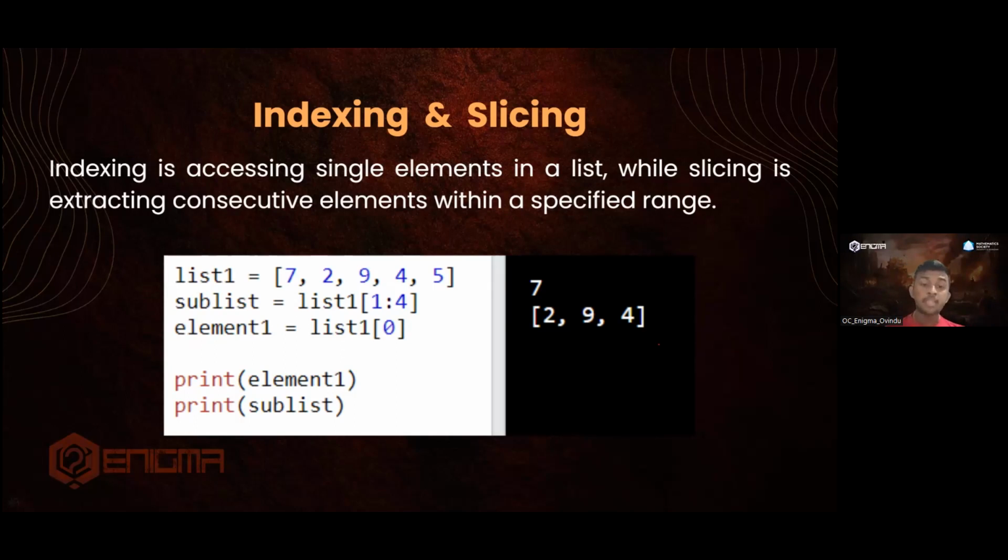Now that you understand indexing, how do we get a range of elements? You can get a range of elements by specifying the range. Similar to indexing, if you want many elements, you specify the starting element and the element after the ending element.